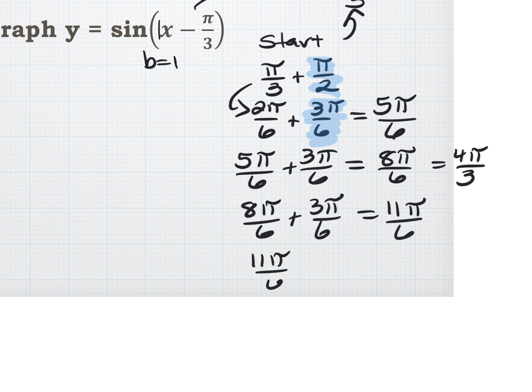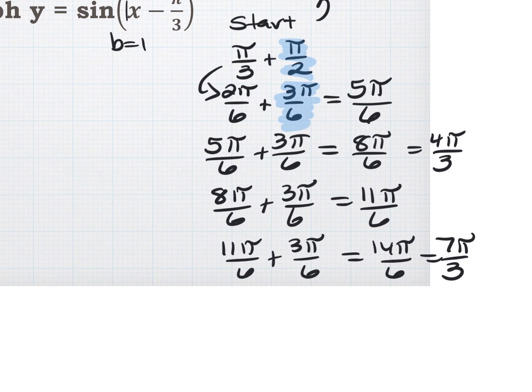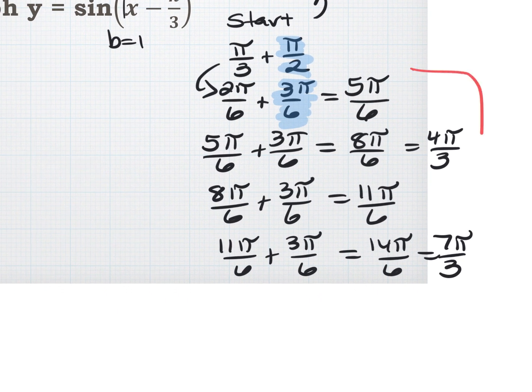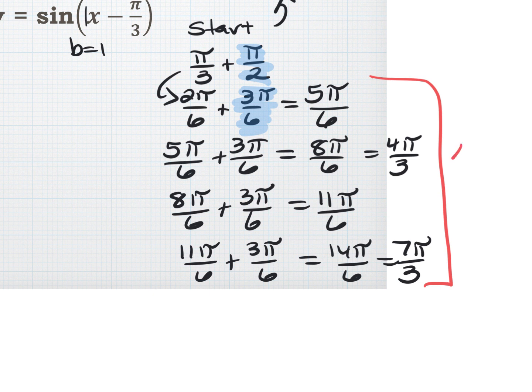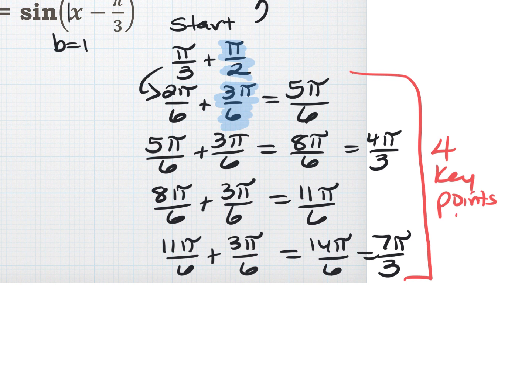So 11 pi over 6 plus 3 pi over 6 is going to give me 14 pi over 6, which will give me 7 pi over 3. So now, these are my 4 key points to the right of pi over 3, my starting point.